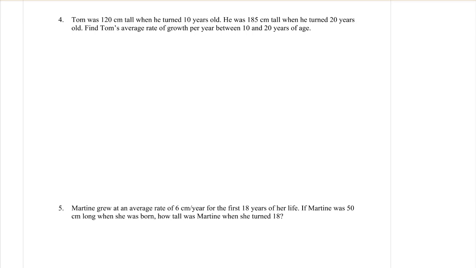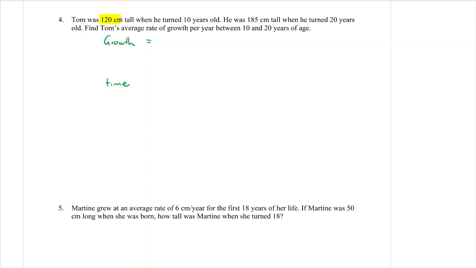So first of all, we only ever compare 2 different quantities, right? The 2 things that we're comparing here are how much he has grown, or his growth, and how much time has passed when that has happened. So his growth, he started out at 120 centimetres, and I'll highlight them for you.